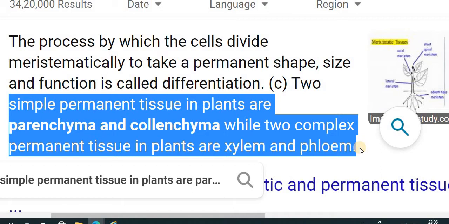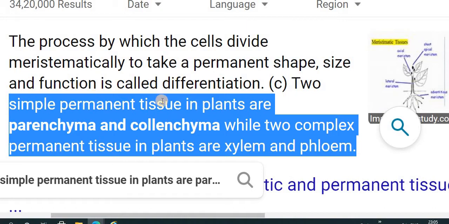Whereas there are 2 types of complex permanent tissue in the plant, that is xylem and phloem. As we know, xylem is responsible for the transportation of water, whereas phloem is responsible for the transportation of food particles.